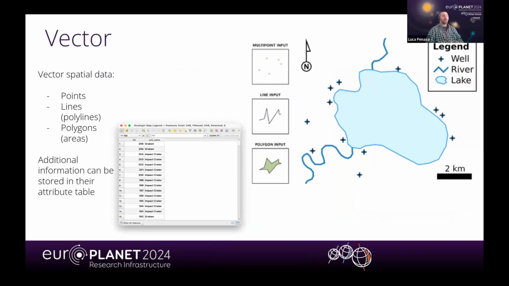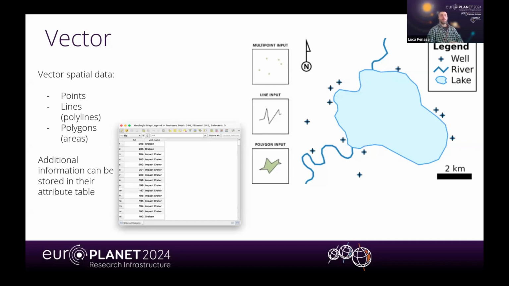The very basic types of vector data that we will use are points vector data, lines vector data, and polygons vector data. So let's give an example just to be clear. Here is a little scheme I took from some books. Point data are used to map features that can be approximated by just a point, right?